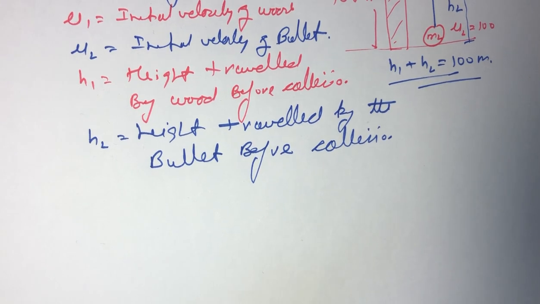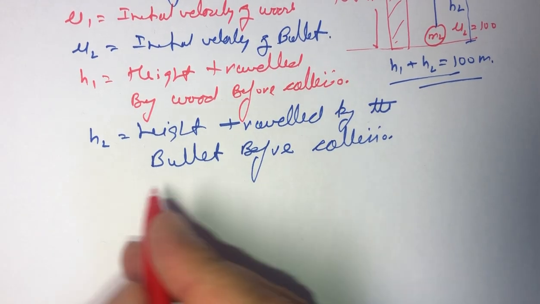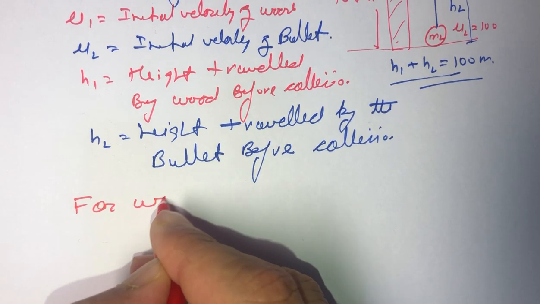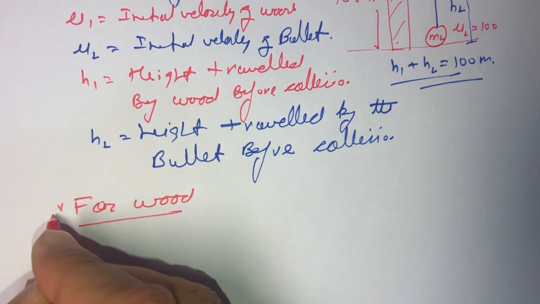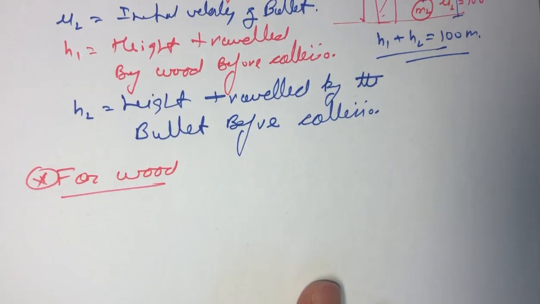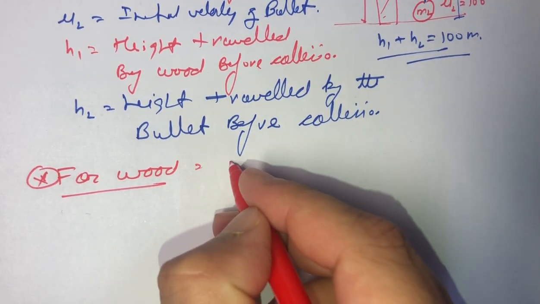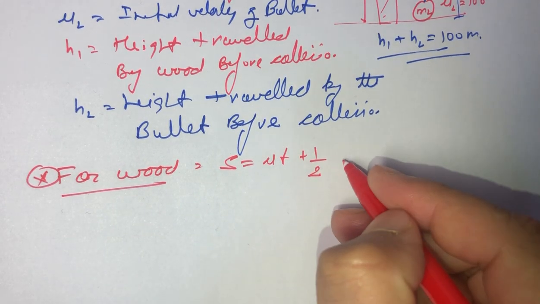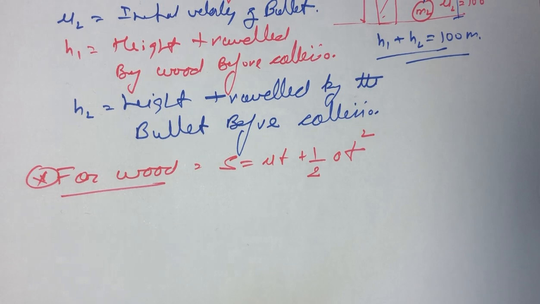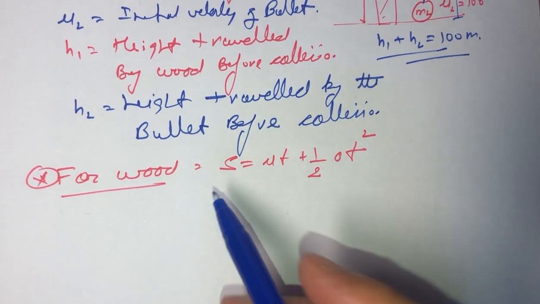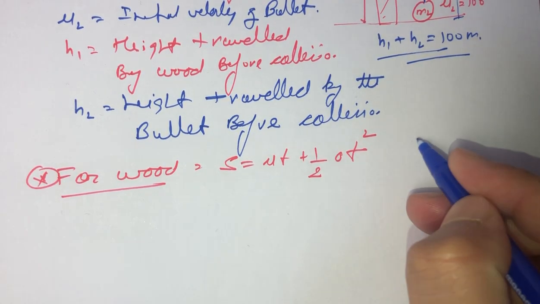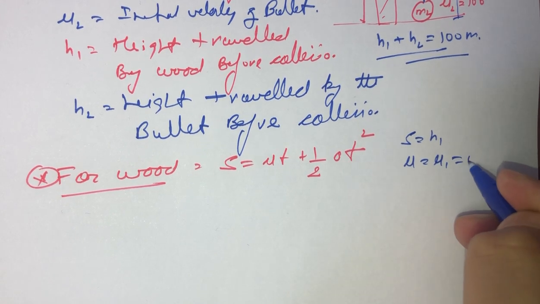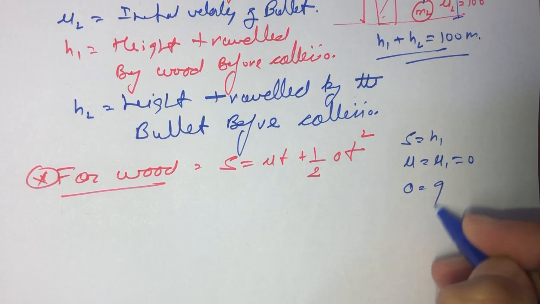Now let us consider the wood. For wood we are going to use the formula S is equal to ut plus half at square, and we know that S is h1, u is equal to u1, which is equal to 0, and a will be g.